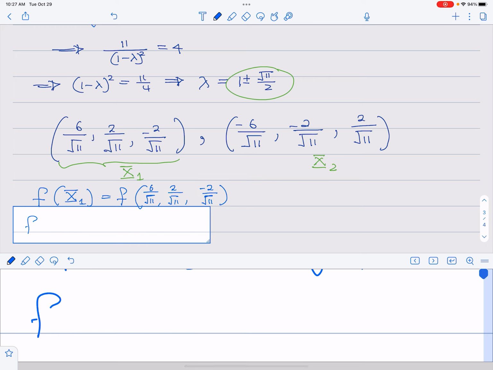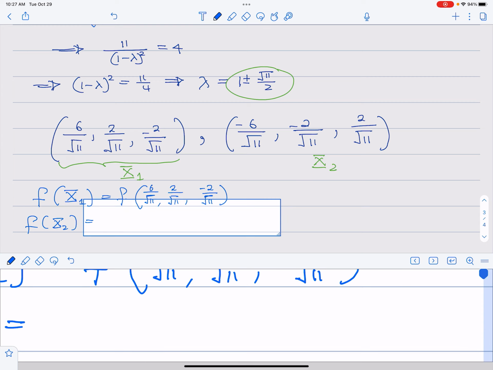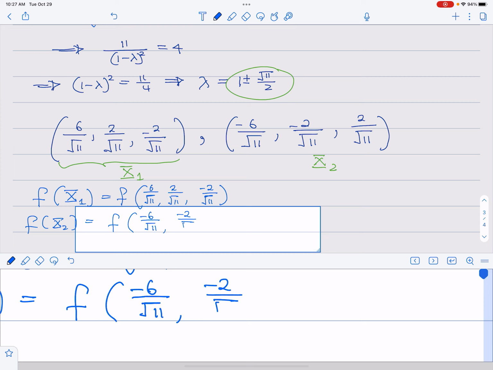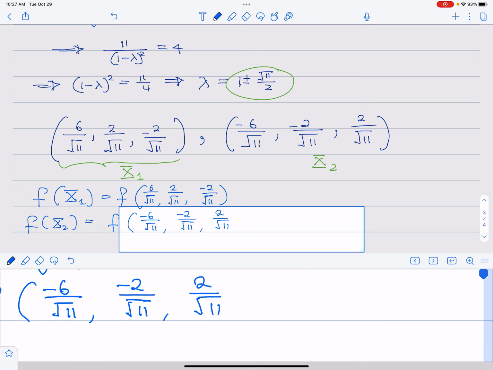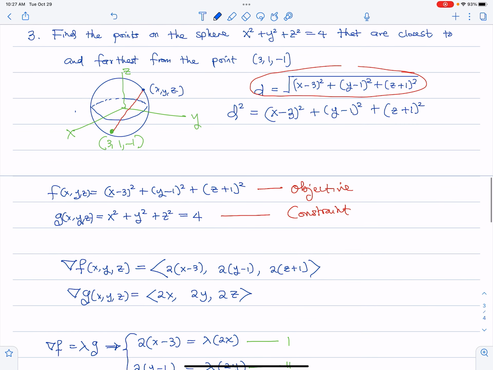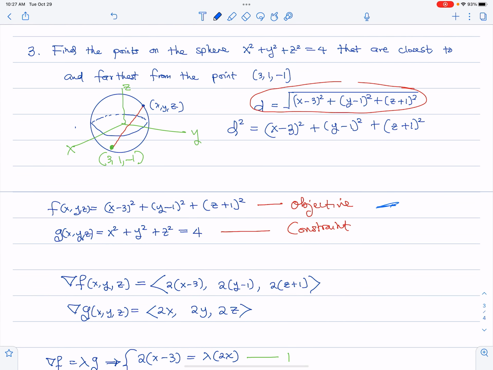And then plug the other one in there: negative 6 over root 11, negative 2 over root 11, and 2 over root 11 into the function f. And remember what our function f is. That is this function right here.